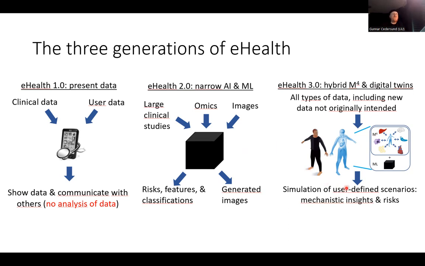And you can do things like simulate how the risk is changing in scenarios, and you can get mechanistic insights and explanations basically for free. So this is the general AI. It's much more flexible. You can use it for many more things than you originally intended.